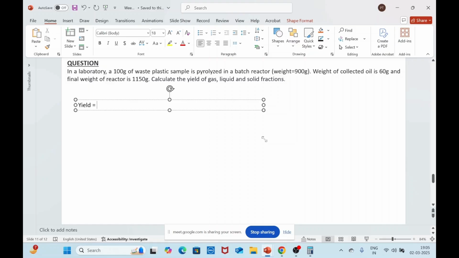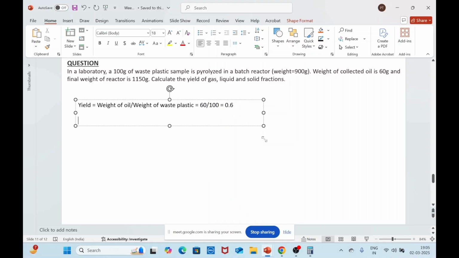Should I divide it with the reactor's weight or the weight of the waste plastic? The weight of the waste. So you are calculating yield with respect to the amount of waste material, or the input that you are going to give. So this is divided by the weight of waste plastic, which is 60 by 100. So that is 0.6.